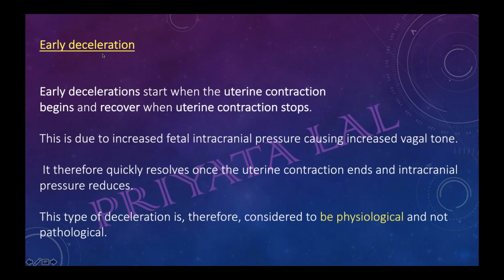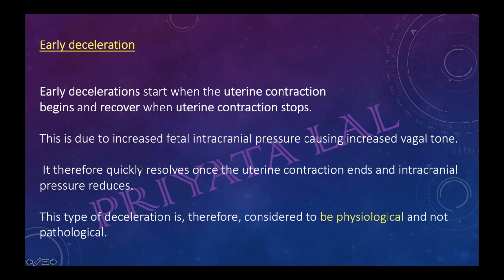Now, how is the early deceleration? In early deceleration, the deceleration will start with the uterine contraction and end with the uterine contraction. Usually it happens because of head compression or because of the increase in intracranial pressure.